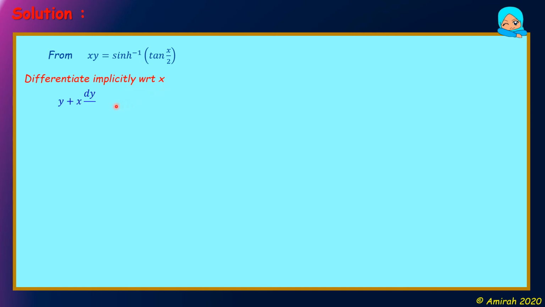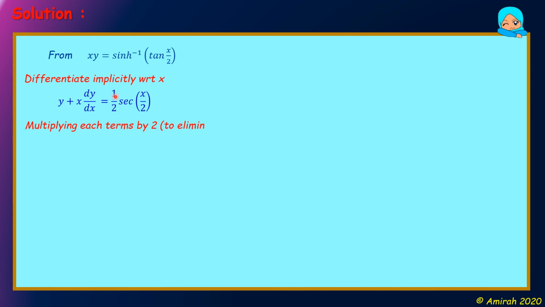In the previous slide, we differentiated the left hand side and right hand side one by one. We differentiate xy and get y plus x dy over dx. And from the previous slide, we differentiated inverse sinh tangent x over 2 and the answer is half sec x over 2.